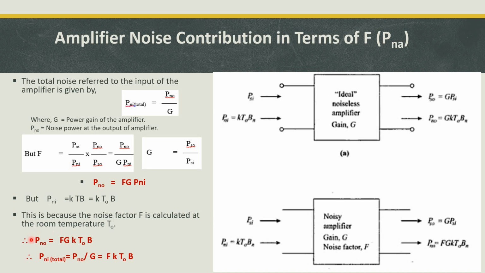So now substituting this output noise equation in the first equation, PNI total is equal to PN0 divided by G. The final equation is F K T0 B. This is the total noise, because of the amplifier and also the source.